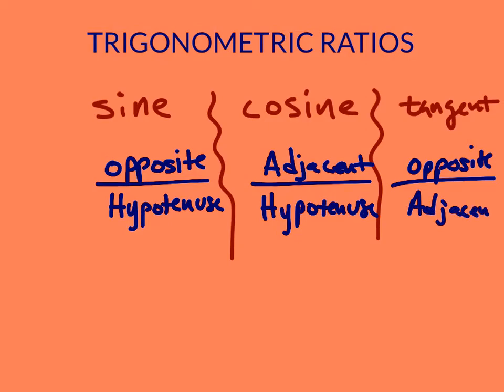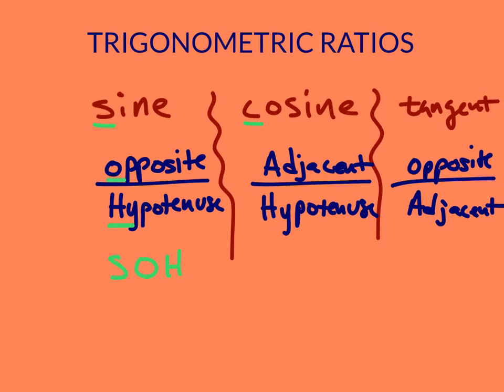So I'm going to show you what this means here in a second, but I use these words to help me remember what sine is, what cosine is, and what tangent is. What I do is I take the first letter of each of these words. So sine means we're taking the opposite over the hypotenuse, which gives us the word SO.